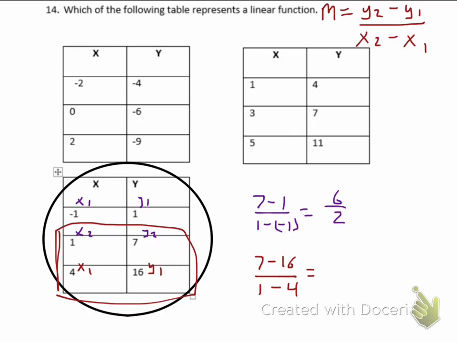This becomes 7 minus 16, or 16 minus 7, negative 9 over negative 3. Uh-oh, are those the same? Well, let's reduce this. 2 negatives make a positive, so this becomes 9 divided by 3, 3 over 1. And the other one equals 6 divided by 2, 3 over 1. Check, check. They are the same.